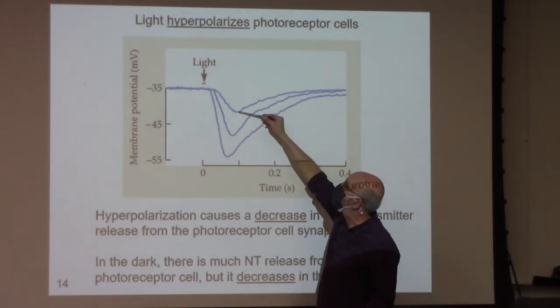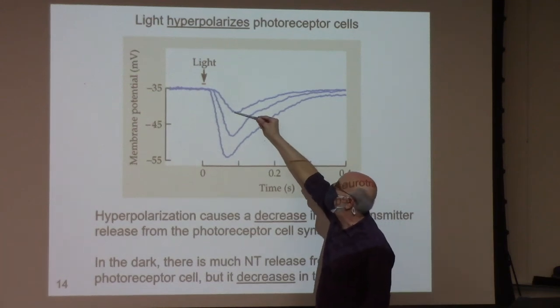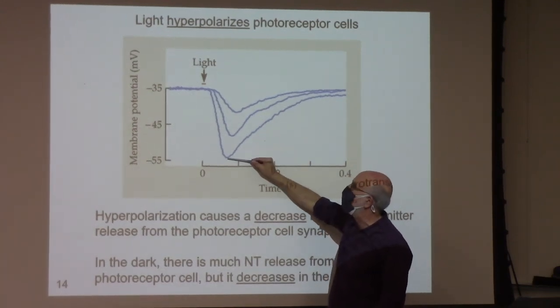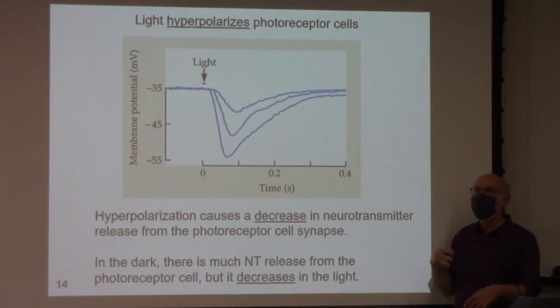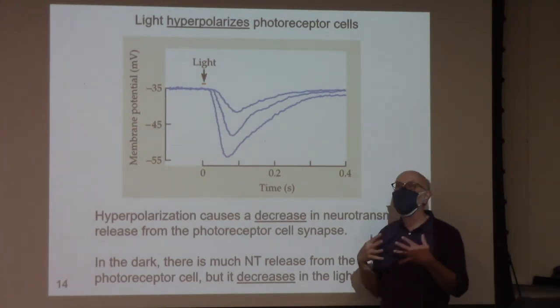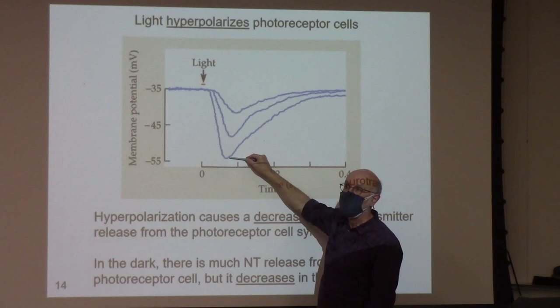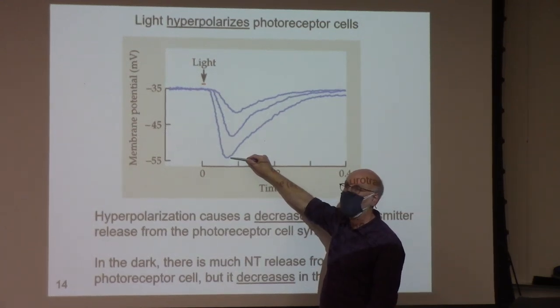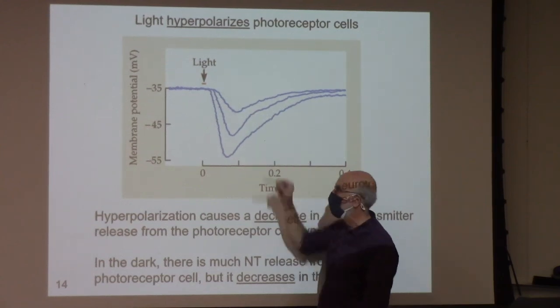What's the difference in the stimulus that produced this hyperpolarization or this hyperpolarization or this hyperpolarization? Brightness, right? This is a graded potential. A bright light produces a large hyperpolarization. A dim light produces a small hyperpolarization.